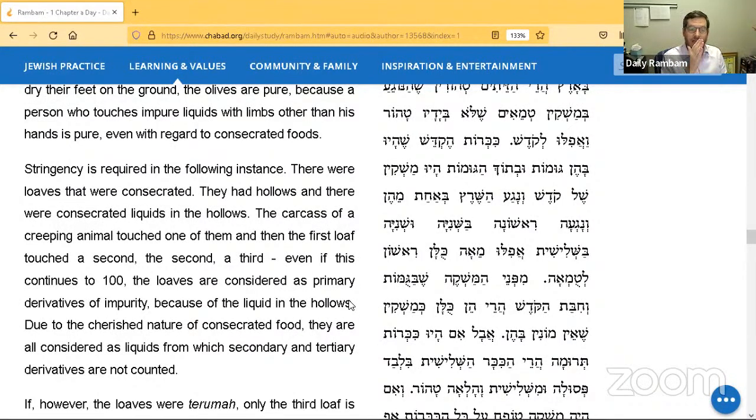Now, it's not like food, which would pass 1 to 2 to 3 to 4. They all immediately become rishon l'tumah because of the liquid, due to the cherished nature of consecrated food. This is a stringency when it comes to kodesh. Remember, what we have is an intensity of tumah between all the different things we learned. We've got an intensity of tumah, we've got the product that would transfer tumah, and then we've got that which is now going to be susceptible.